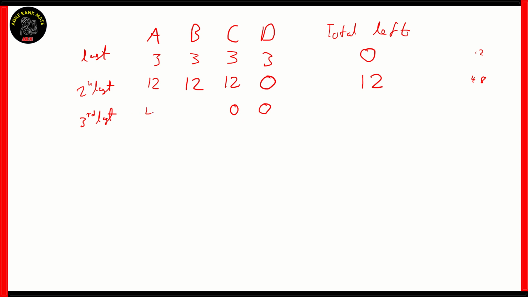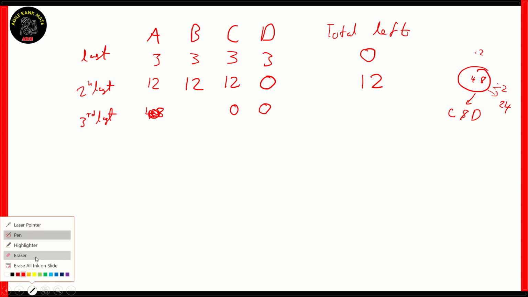So what does that mean? The number 48 here represents the share for both C and D. So when you divide 48 by 2, you would find out each person's share would be equal to 24.